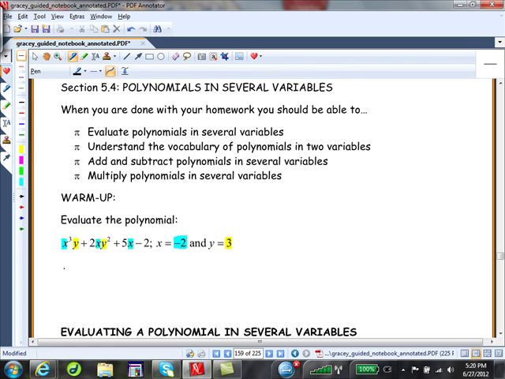So we'll have -2 cubed times 3 plus 2 times -2 times 3 squared plus 5 times -2 minus 2.